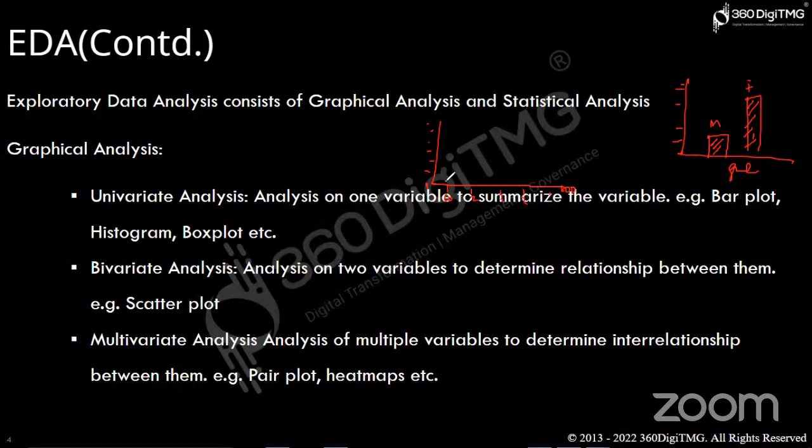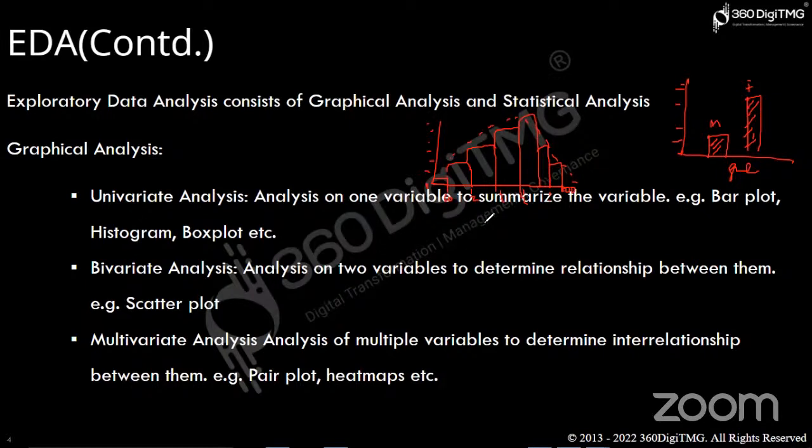How many students have got marks between 1 to 10, 10 to 20, 20 to 30, 30 to 40? I may get some distribution here. How the whole data is distributed is something I have to look at. This is also numeric data and it is a histogram, as people know.